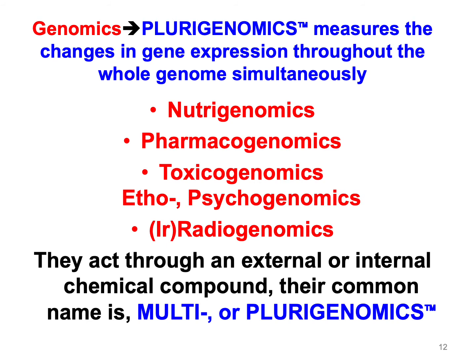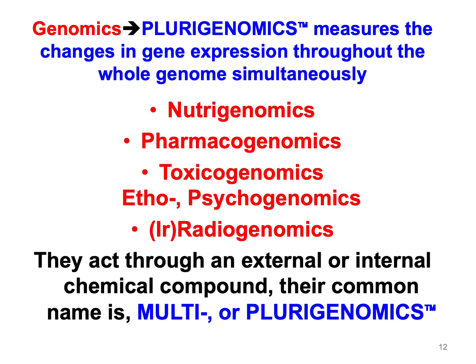We may have pharmacogenomics and toxicogenomics when medicines and toxins are the chemicals in the center.